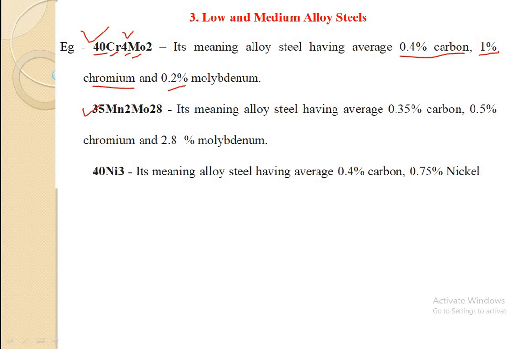Let's take another example, 35Mn2Mo28. Mn stands for manganese, Mo stands for molybdenum. The first figure indicates 100 times the average percentage of carbon. So you divide this 35 by 100 and you get 0.35 percentage of carbon. The next figure is manganese.